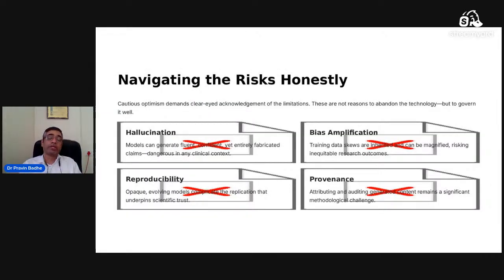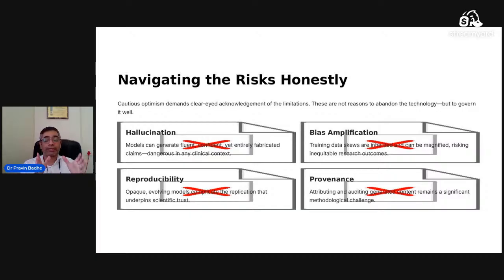The major risks we need to keep in mind, which we have continuously discussed, are these. One is hallucination. Second is biases, where the data can be biased based on the training model. The third one is reproducibility. That is where we actually created our tools.